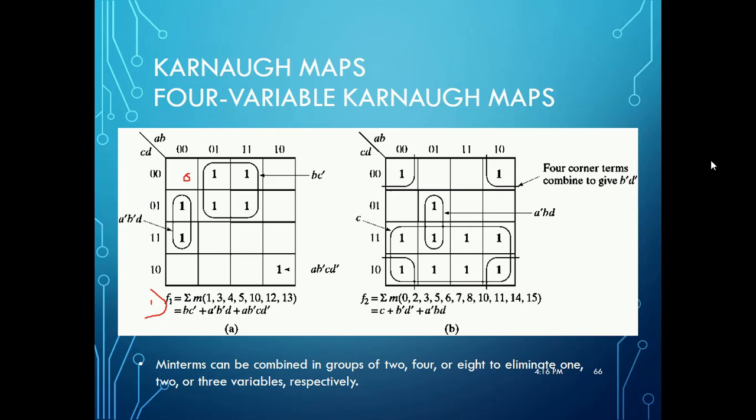Zeroth min term will be placed here, 1, 2, 3, 4, 5, 6, 7, 8, 9, 10th position, 11th, 12th position, 13th position, 14th min term position, and 15th min term position.